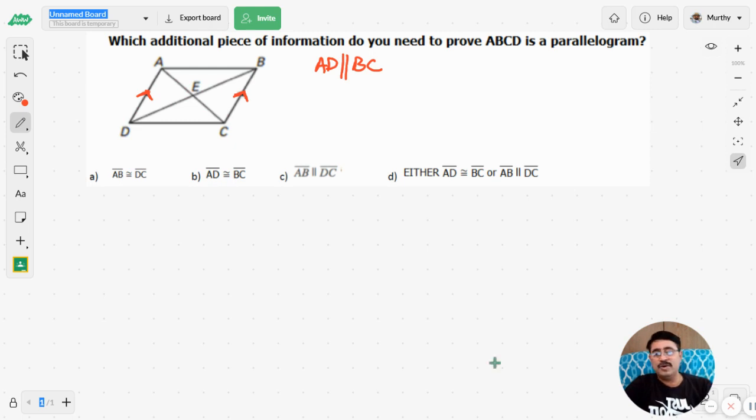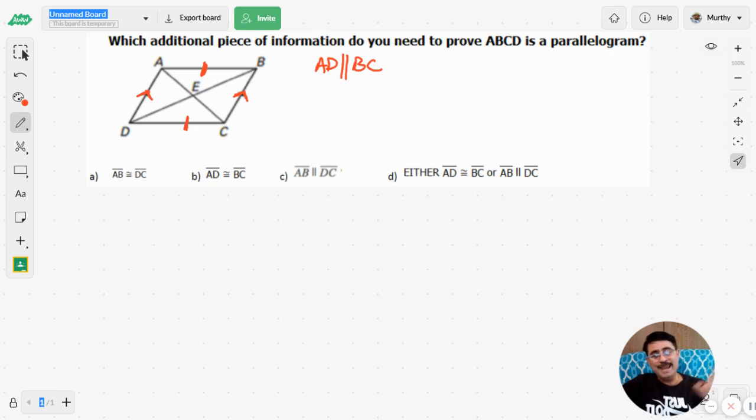Then AB is congruent to DC. So AB is congruent to this one. If you take a parallelogram, what you have to prove is one pair of sides is parallel and equal. You can say that AB parallel to DC and AB equal to DC. Yes, then it's a parallelogram.